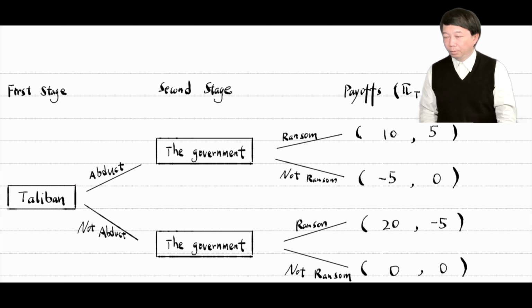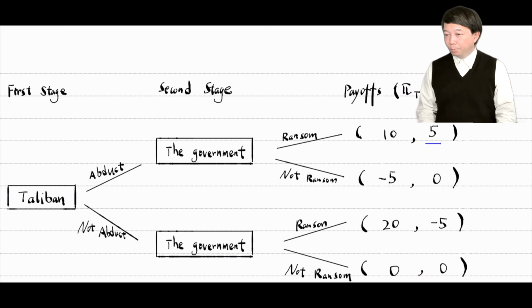We first determine the government's response in the second stage to each possible action by the Taliban. Given that the Taliban kidnaps the journalist, the government gets 5 if it pays the ransom, but 0 if not. The government's best response is to pay the ransom.